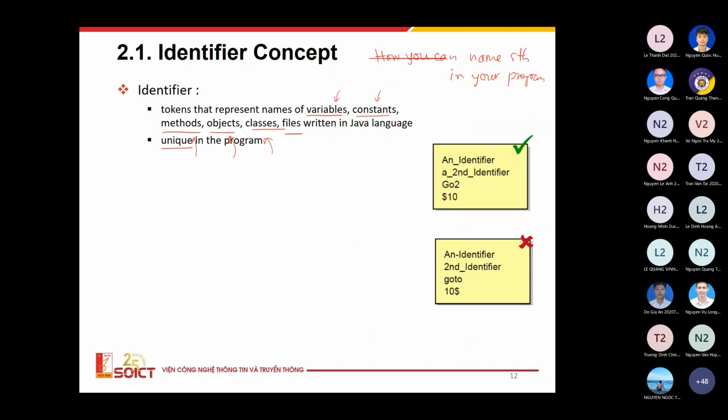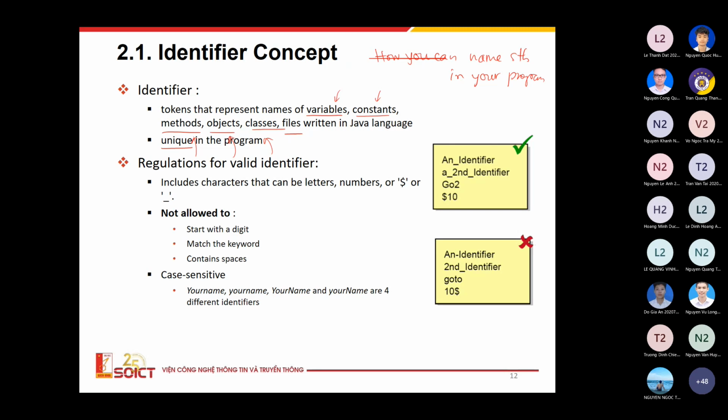Okay. So there are some regulations for you to make a valid identifier in Java. Firstly, it will include characters that can be letter, number, the dollar sign, or the underscore sign only. Okay, so this is the regulation. You have to respect this when you want to name something.